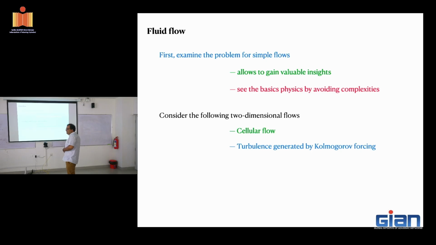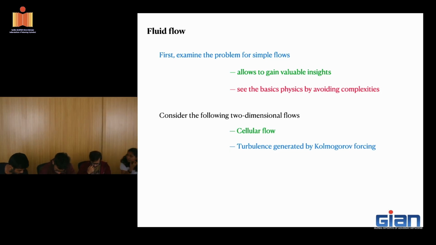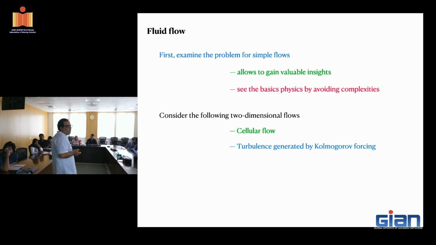So what we will do, even though I'm talking about turbulence, you will see that I will throw everything out of the window. I will examine the problem for simple flows to gain valuable insights. Maybe one or two flows you may have already covered in this course, and I can see the basic physics by avoiding the complexities which come with turbulent flow, because there are a set of people studying turbulence in the atmosphere, in the ocean, and elsewhere in neutron stars, right?